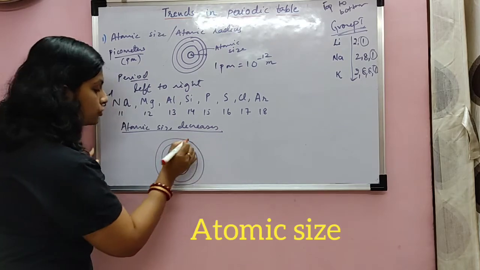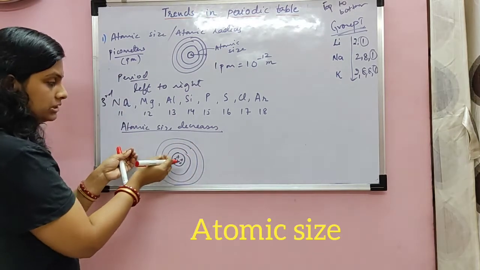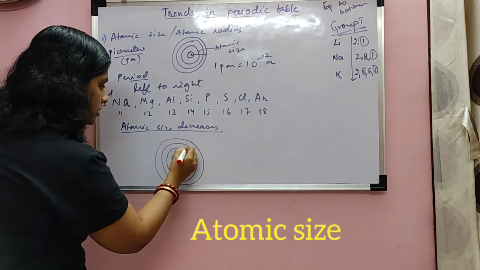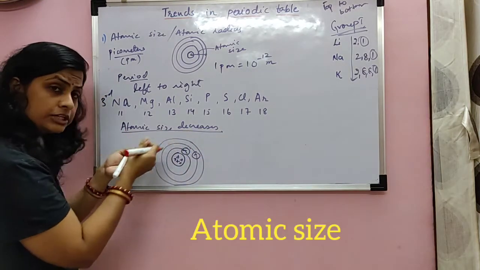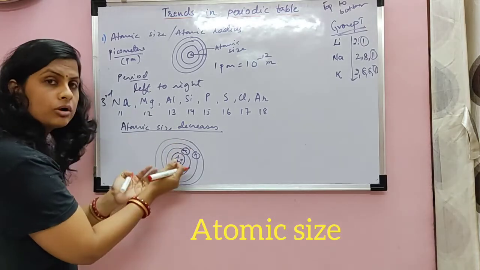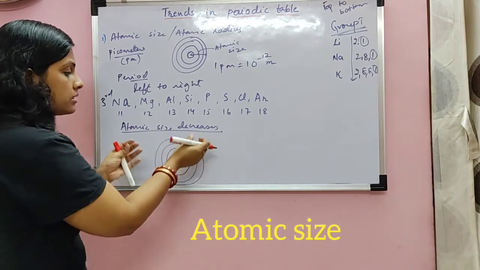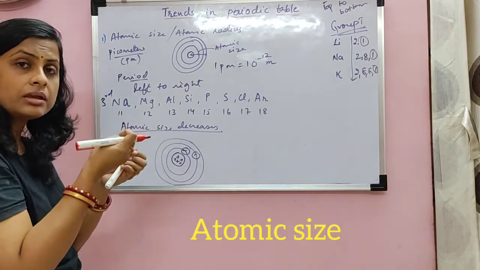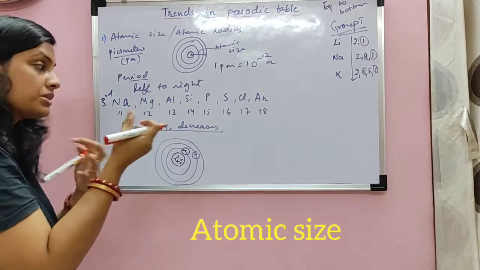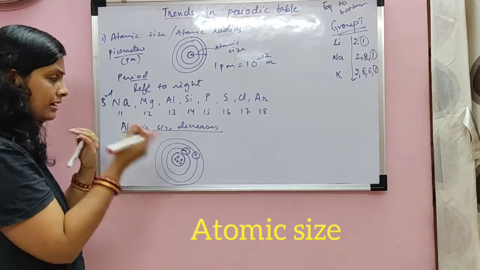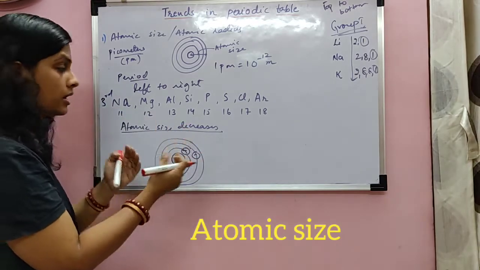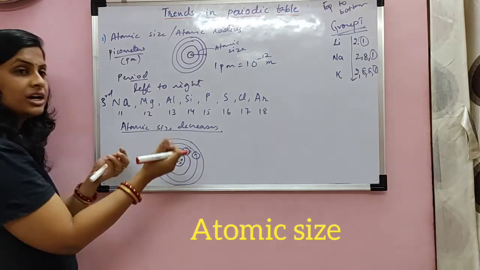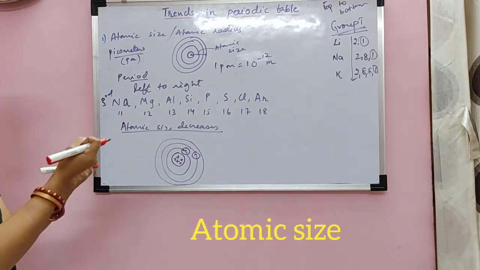So once the electrons are increasing, the nucleus, being positively charged, attracts the negative charges towards it. The electrons are attracted inwards because of the strong nuclear charge. As it attracts the electrons inwards, the atom is shrinking, so the size becomes small. That is the reason the atomic size decreases: as the number of electrons increases, the nuclear charge attracts the electrons towards the inside.